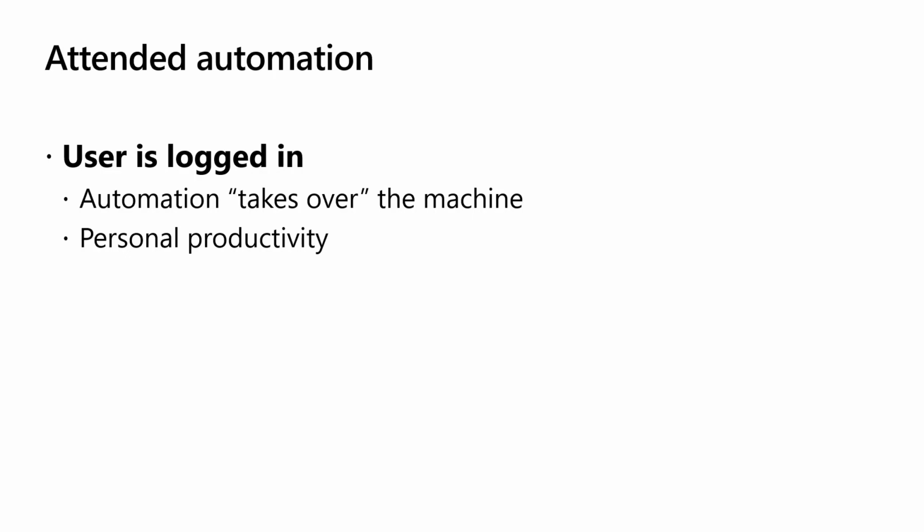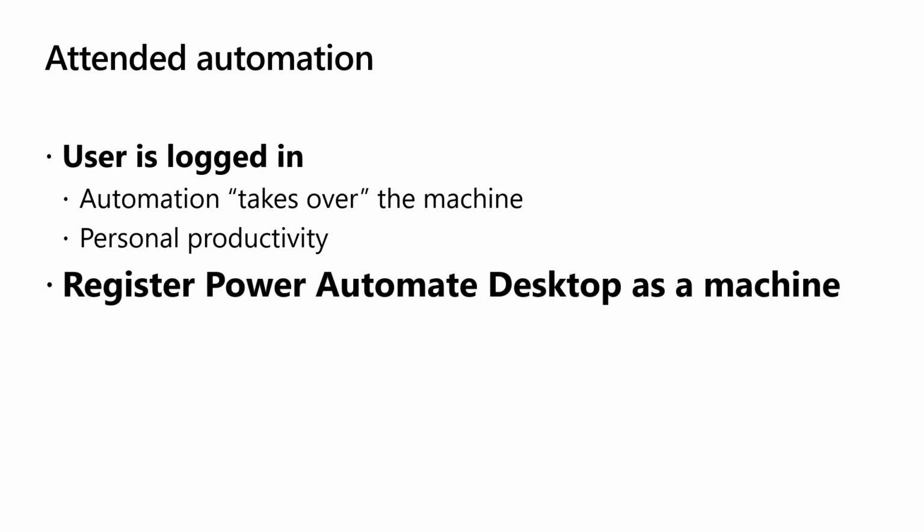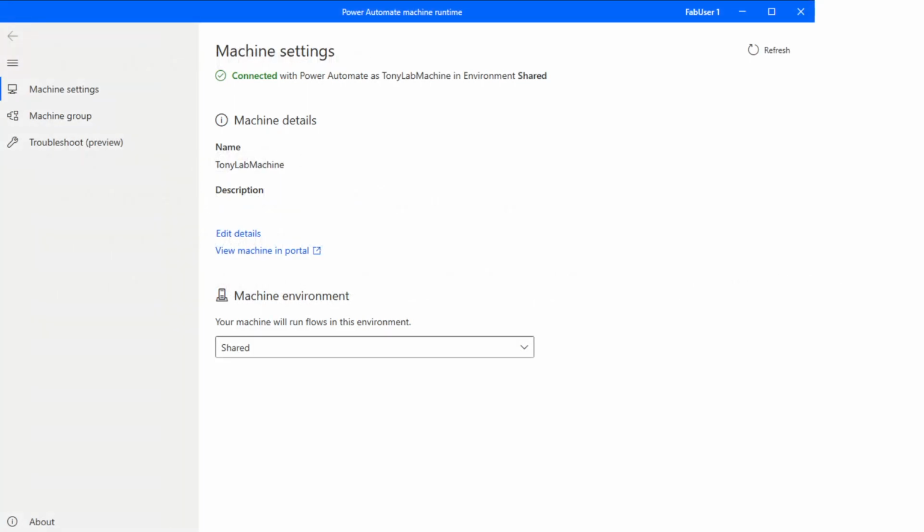For the attended automation that we've been doing, calling it from the cloud with the attended license, you'd need to register Power Automate Desktop as a machine on your environment. This can be scripted by your IT team. If necessary, you can do this all automatically through login scripts and GPO policies and PowerShell. But just to know that for attended automation calling from the cloud like we've been doing, you must register Power Automate Desktop as a machine in your environments.